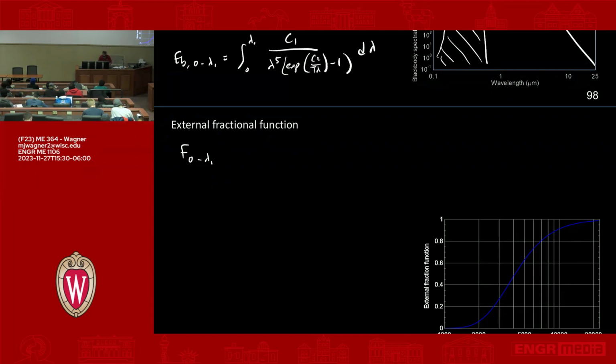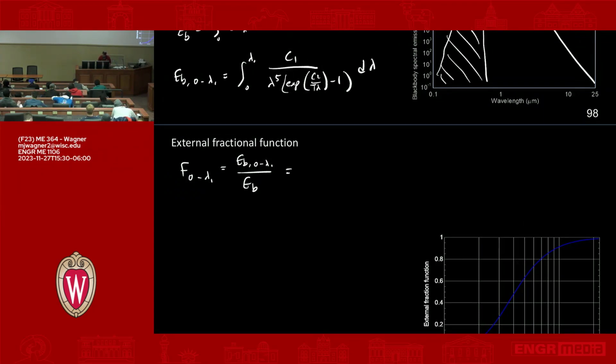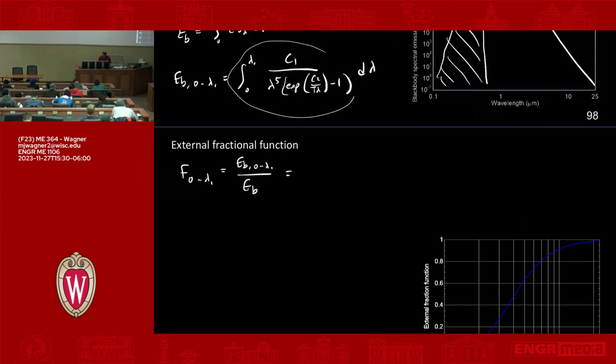This function is formally defined as E_b from 0 to lambda 1 divided by E_b total, right? So there's a spectral integral, and then there's the total in the denominator. If we write that out, it is that full integral, this thing up here, divided by sigma T to the fourth.